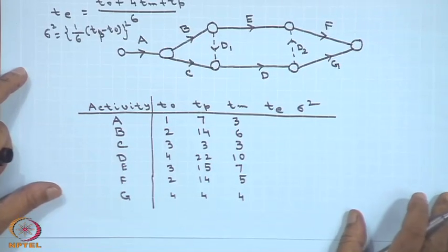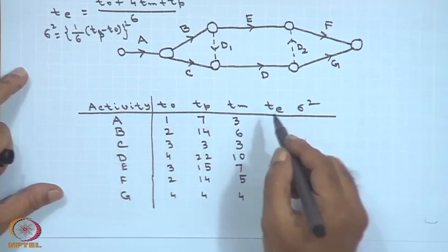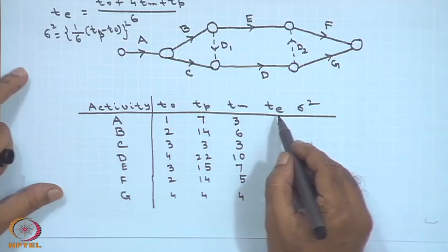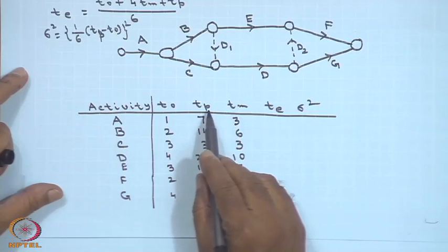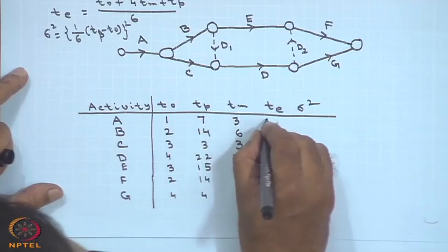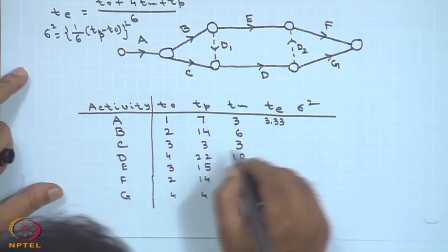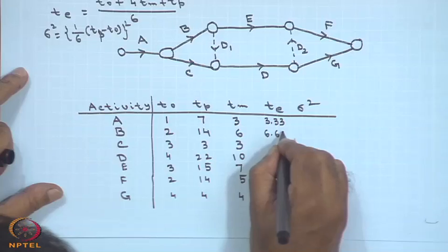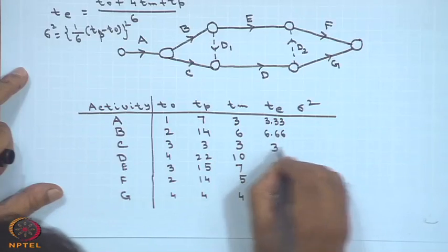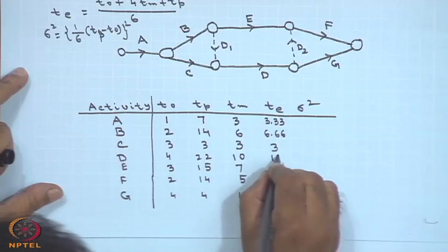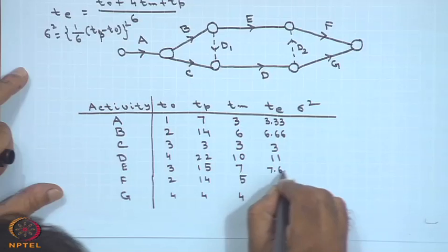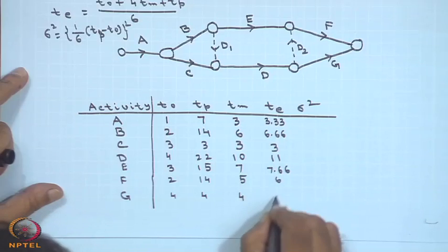Once you have written this table, now you can calculate Te. Te is (To plus 4 Tm plus Tp) by 6. I am just writing directly 3.33, 6.66, then 3, 11, 7.66, 6 and 4.